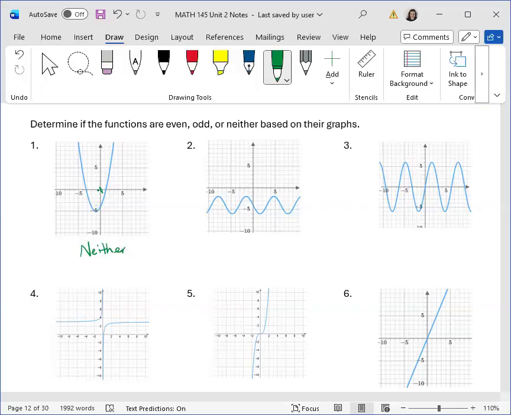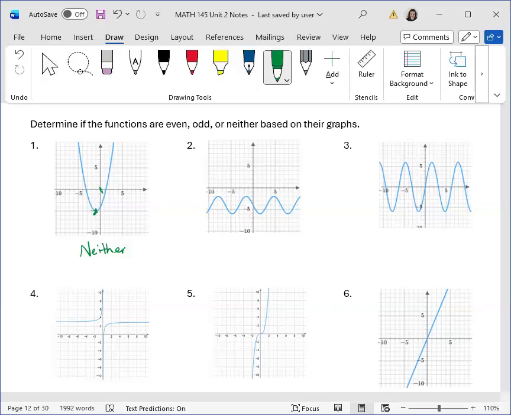If this was a parabola whose vertex was on the y-axis, then it would be an even function. I could fold it so that the left half would match up with the right half. But the fact that this has been moved to the left throws off that even and odd nature. So we would say that it's neither.